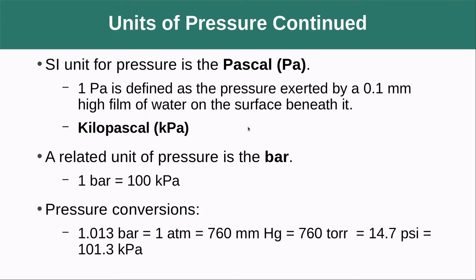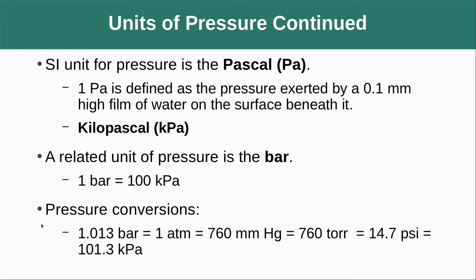This is defined as the pressure exerted by a 0.1 millimeter high film of water on a surface beneath it. And that's a really small unit, right? That wouldn't exert a lot of pressure. So we often work in kilopascals, or 1,000 pascals. Another related unit of pressure is the bar, where 1 bar is equal to 100 kilopascals.